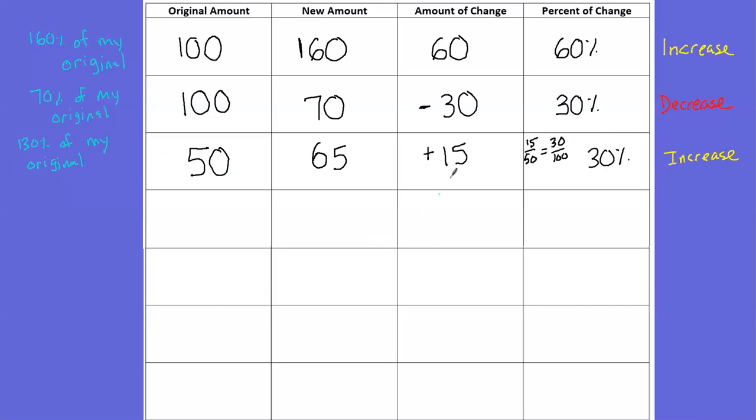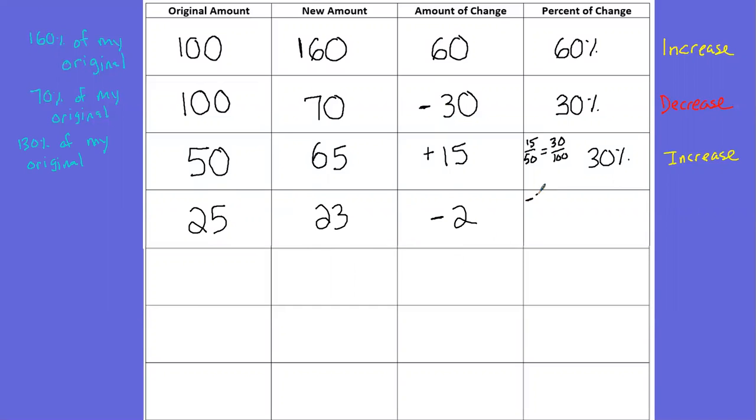All right, let's do another one. This time, let's start with 25. My new amount, let's make it 23. My amount of change, how much did I go down? Well, in this case, I went down 2.